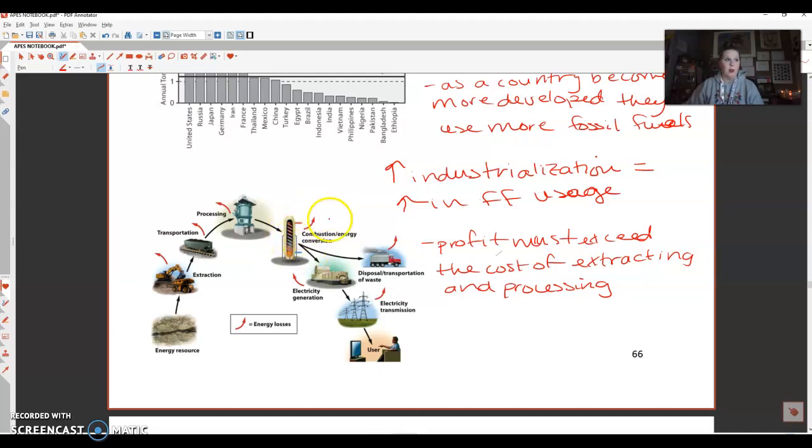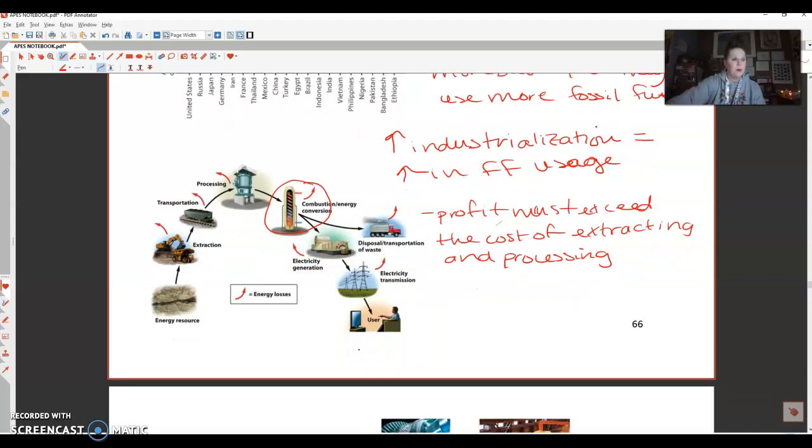Okay, we're going to talk about this step right here in just a second because you need to understand how this actually happens. Now, there is going to be waste, so the waste has to be transported away and disposed of properly. So then you'll have electricity generation, and then it gets sent to the user right here.